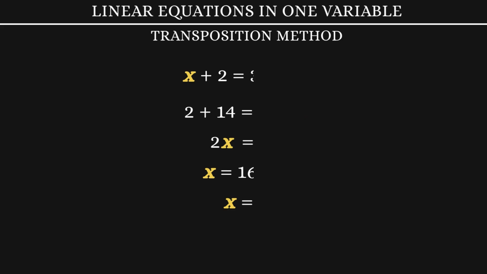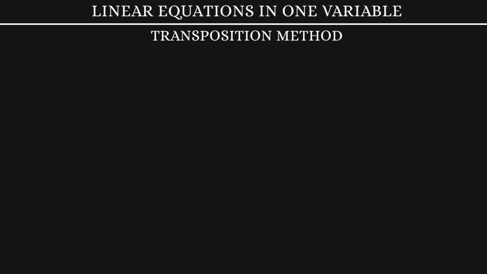Next, let's solve two questions which look similar. First is 3x by 4 minus 2 is equal to 1. And the next one is 3x minus 2 by 4 is equal to 1. First, we'll solve this equation.